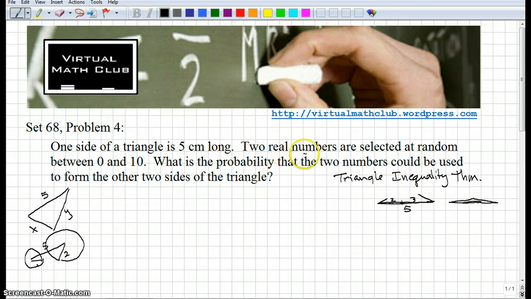The other thing about this problem that's a little different than many other probability problems that you'll see is that we're dealing with real numbers. Okay, we're not dealing with integers, so we can't count the number of possibilities of numbers between 0 and 10, right? Because we're not dealing with integers or natural numbers or whole numbers. We're dealing with real numbers, so I can choose pi if I want to.